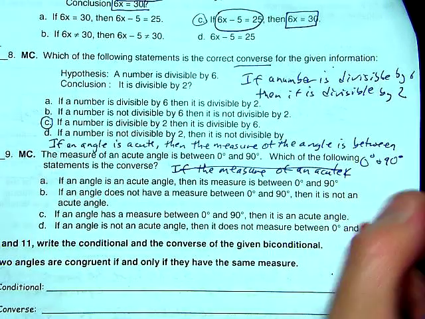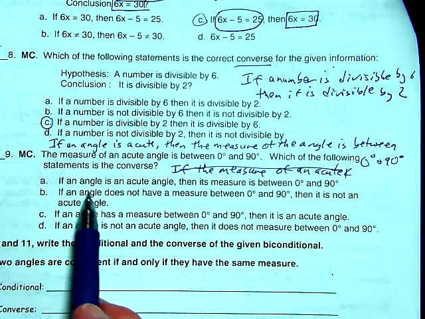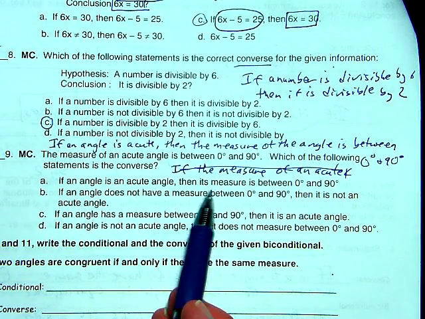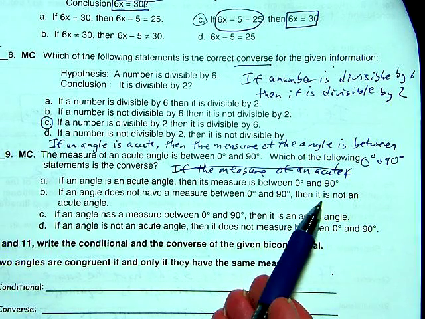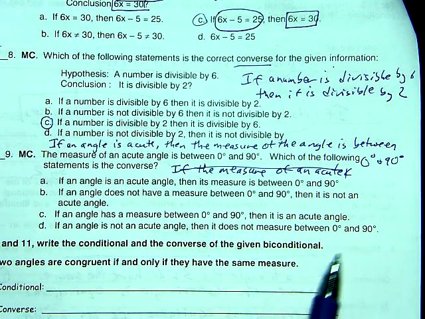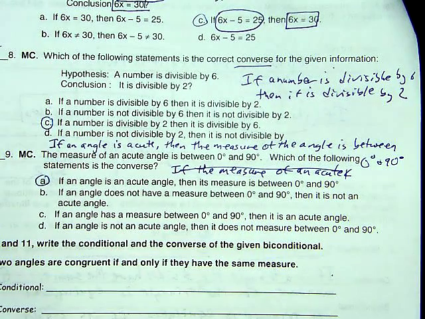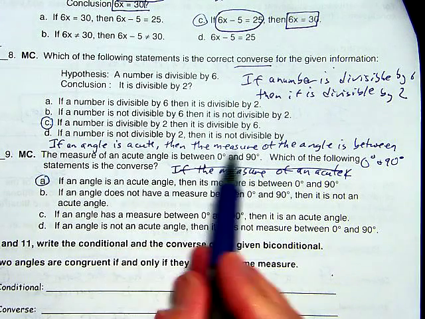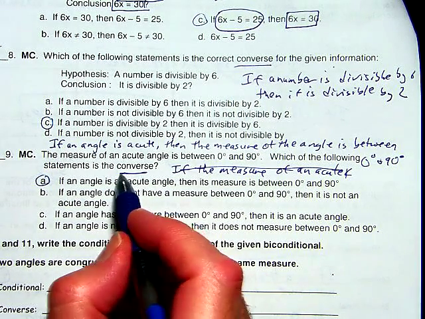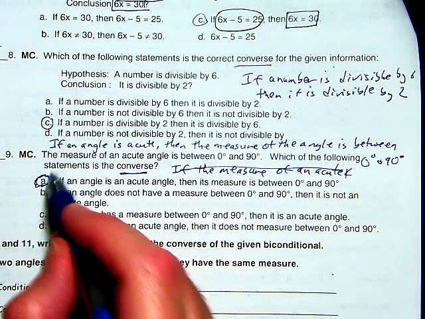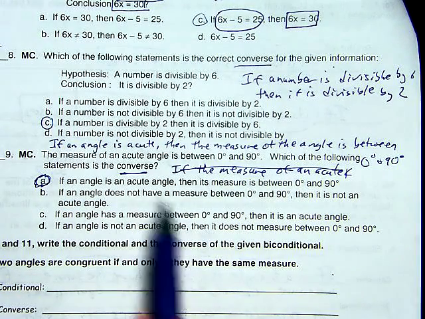So let's see which of these statements comes the closest. If an angle is an acute angle, then its measure is between 0 and 90. I think that's it. Okay, so that is the statement, but it's not the converse. Okay, so I can make mistakes too. That was the statement, but we have to choose the converse.